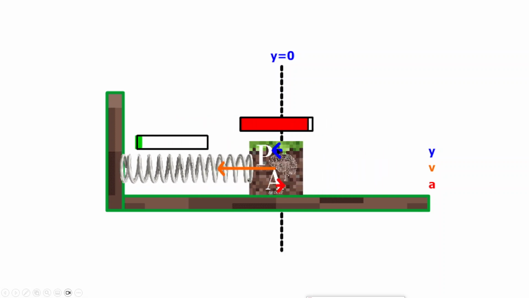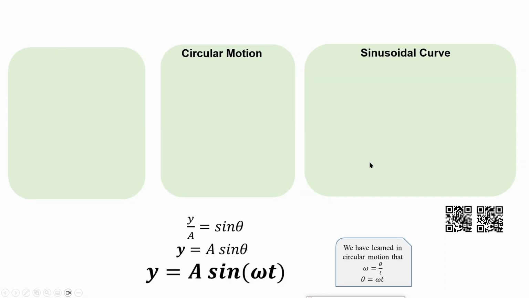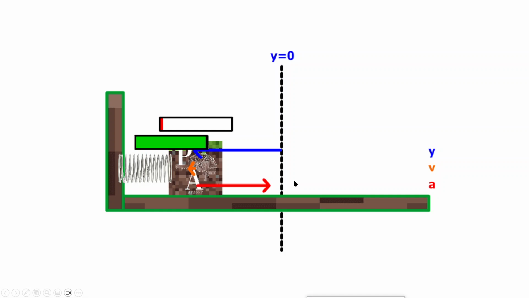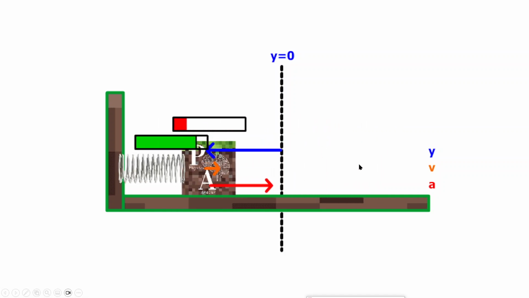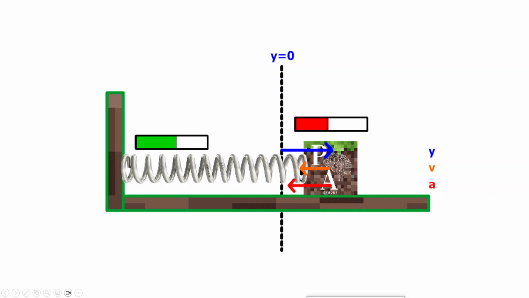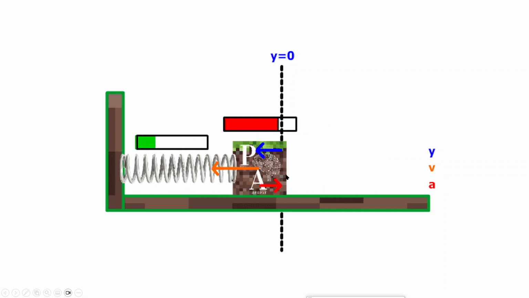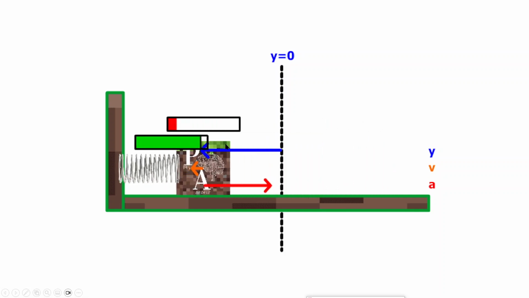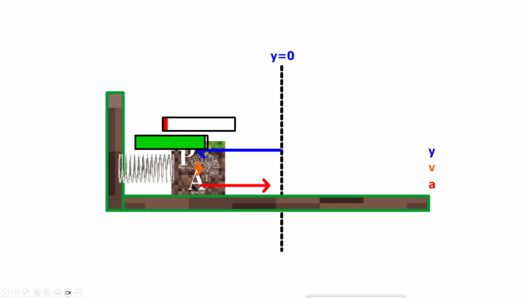And one more thing, if the blue line is long, can I stop it? Sorry, no, I cannot stop it. I need to create this as animation so I can stop it. So you see, this blue line and red line are always opposite in direction. And when the blue line is long, red line also long.